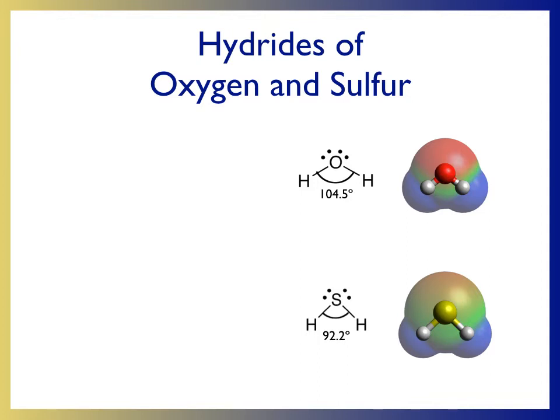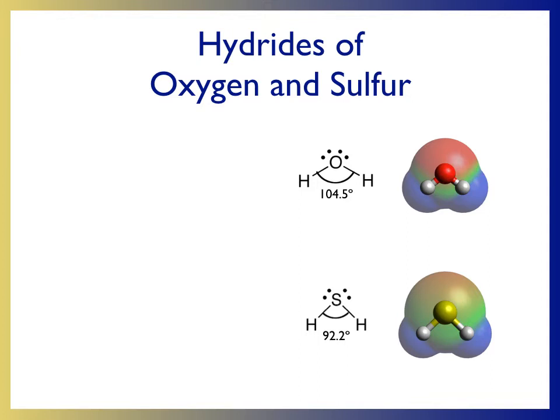Small atoms, as you might remember, tend to hybridize their orbitals to give the electron groups more room. This minimizes electronic repulsion and lowers the energy of the molecule. You can see that the bond angle for water is larger than the bond angle for hydrogen sulfide.